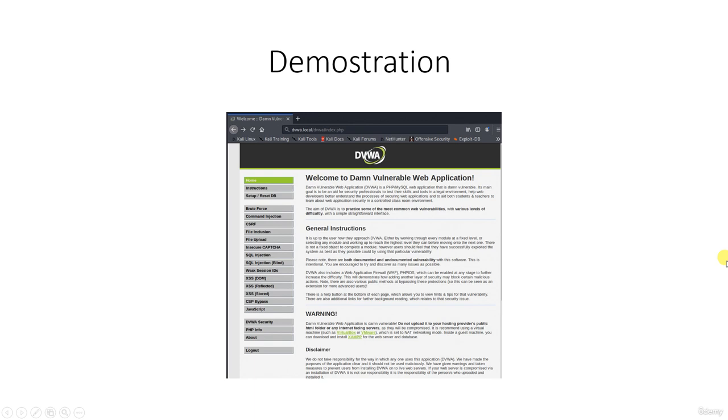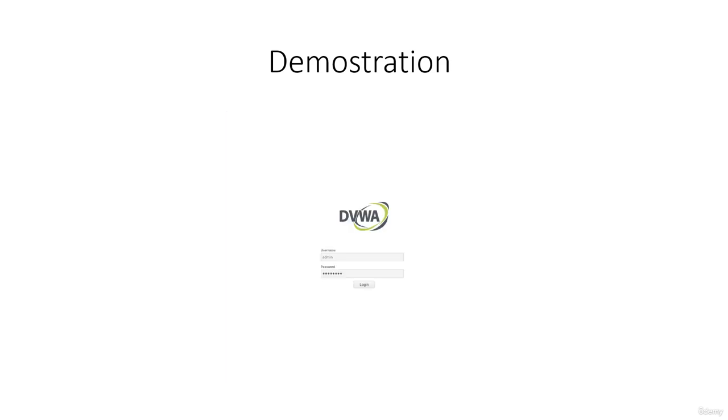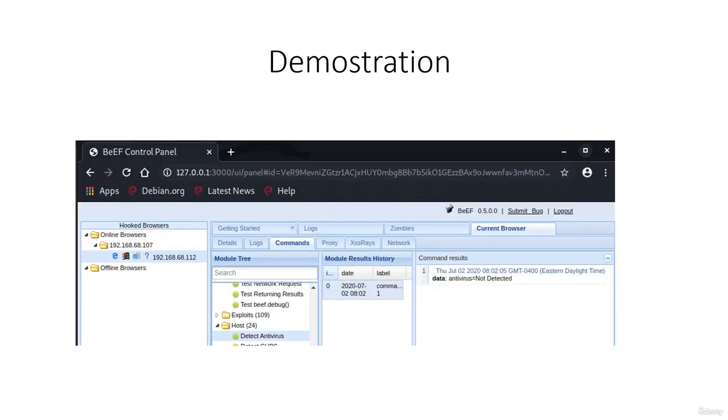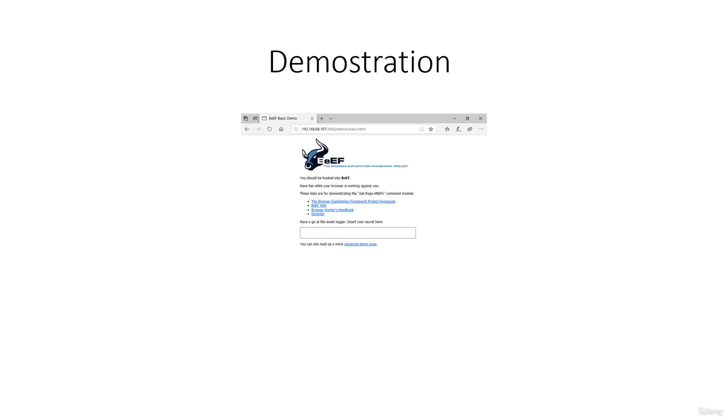So this means that the attacker accesses the secure service without authentication, using the hooked browser as a proxy access point. So this is how you demonstrate how to carry out a malware attack in an advanced way using BeEF software.